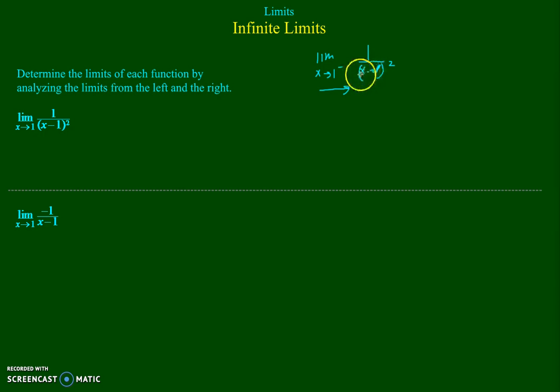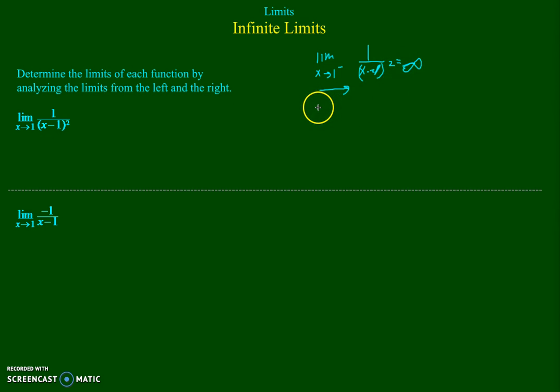Going from the left to the right, the limit from the left is going to approach infinity. So we would say the limit from the left equals infinity. Again, it doesn't mean that it exists. It simply means that the limit from the left is approaching infinity. It's increasing without bound. The limit doesn't exist.